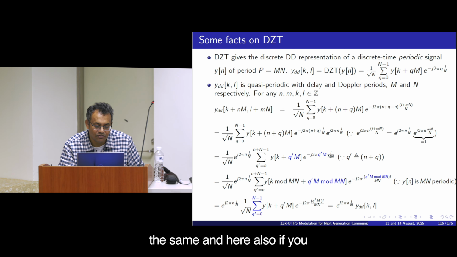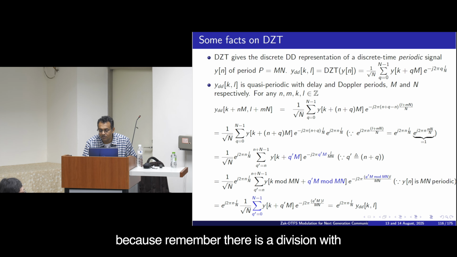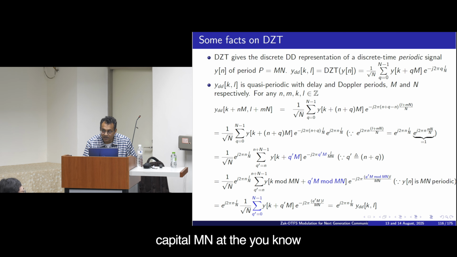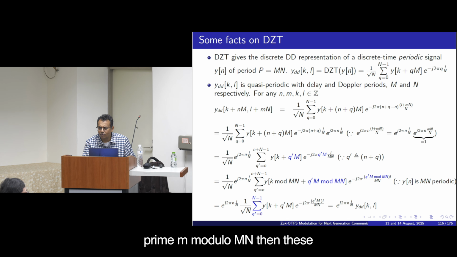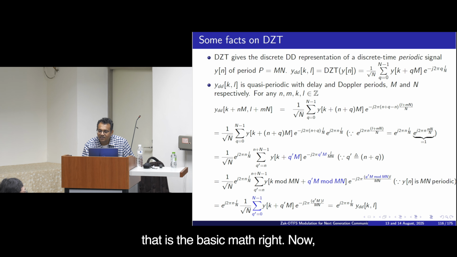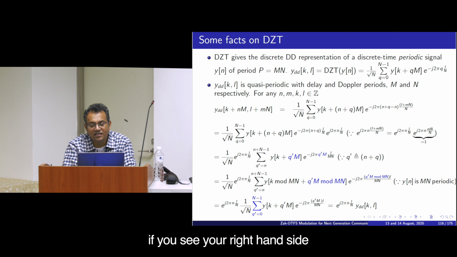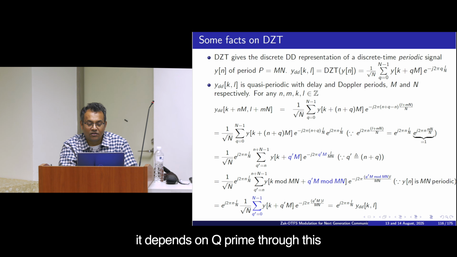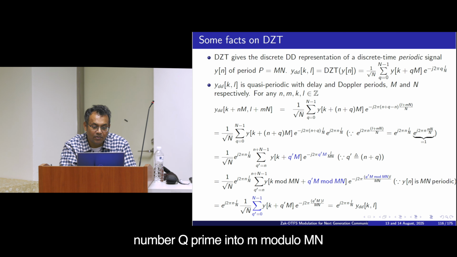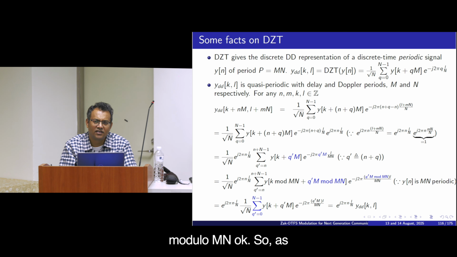And here also, because there is a division with capital Mn in this exponential, if I replace this q prime m with q prime m modulo Mn, then these two terms are still equal, right, Kevin? That is basic math. Now, your right hand side depends on q prime through this number q prime into m modulo Mn.